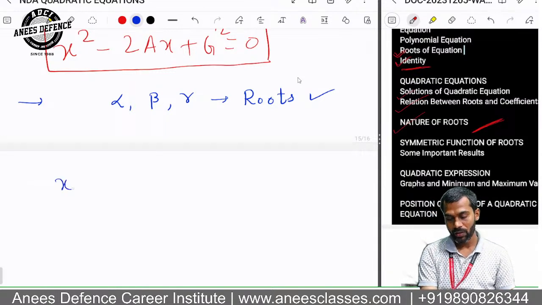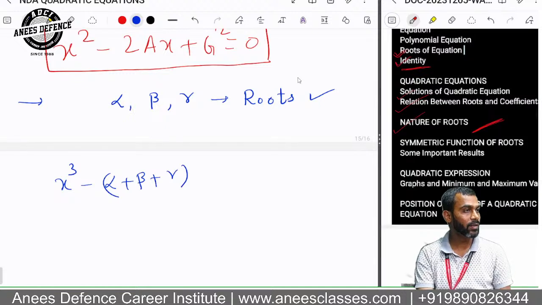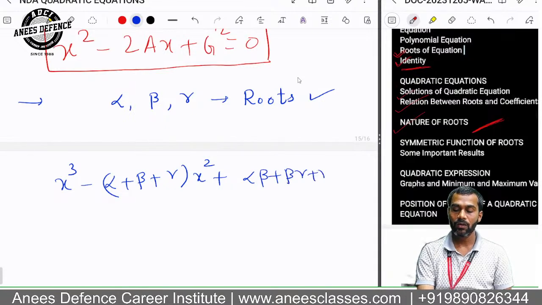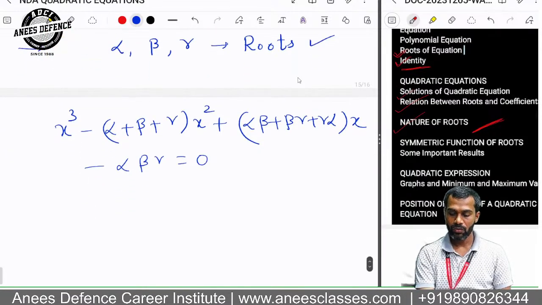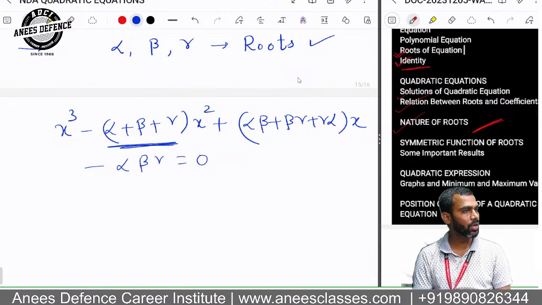Just tell me first. x cube minus alpha plus beta plus gamma, that is summation alpha 1. Yes or no? Now we need to write x square, and then plus alpha beta plus beta gamma plus gamma alpha into x, and then minus alpha beta gamma is equal to 0. So this is nothing but 3a only. This is nothing but G cube only.